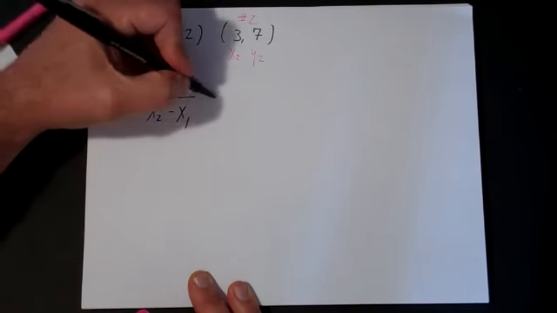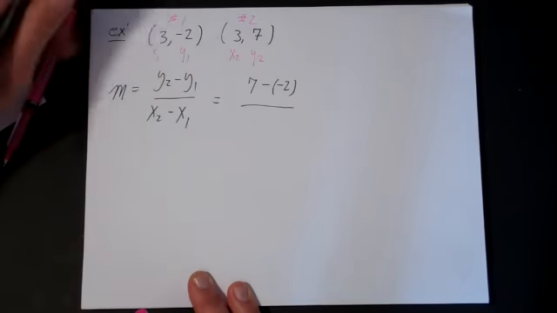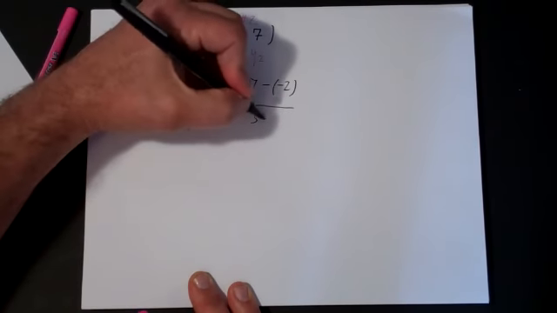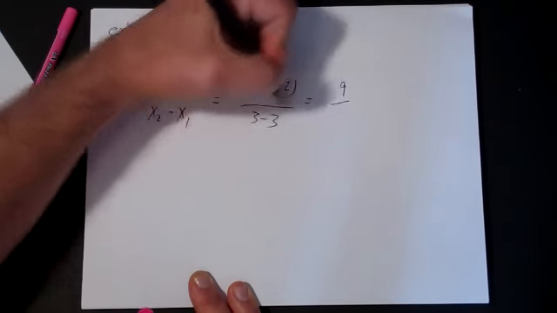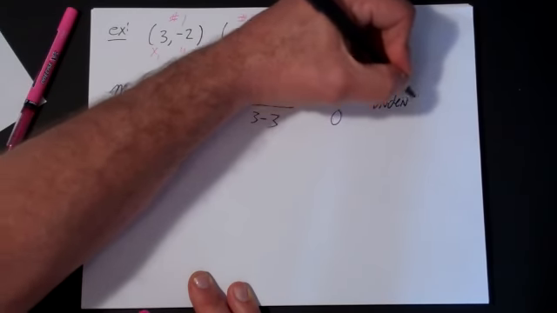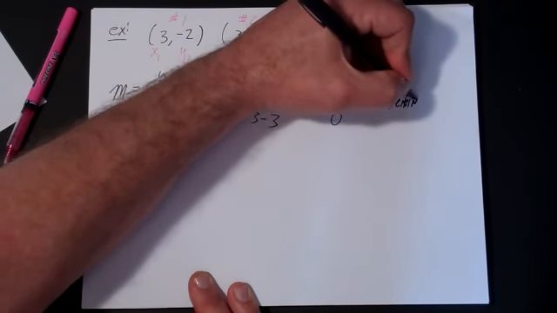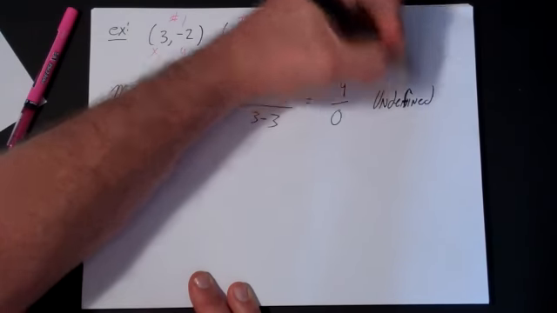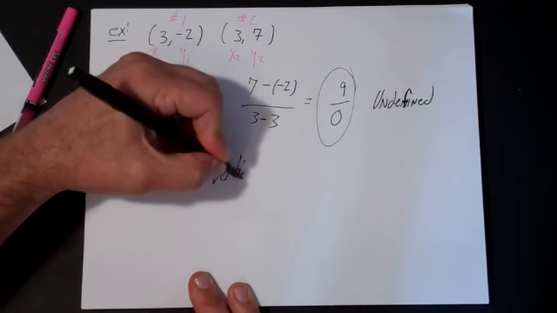Let's just plug the numbers in. That's 7 minus minus 2 over 3 minus 3. 7 minus minus 2 is 9. 3 minus 3 is 0. That's undefined. Remember, when you divide by 0, that's undefined. Since it's undefined, that means it's a vertical line.